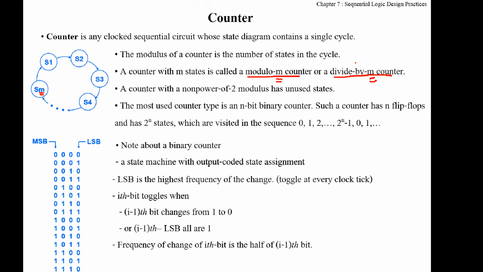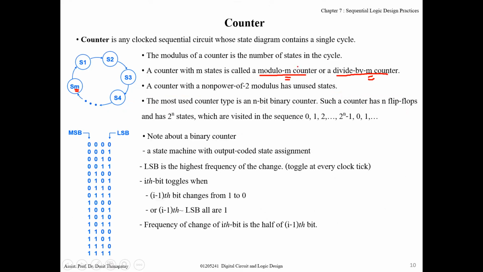So, for example, a binary counter will count with this sequence. Maybe for 4-bit, 0000, when the clock ticks it changes to 0001, then 0010, then 0011, and so on. So for every clock tick, the value increases by 1. This is a binary counter.